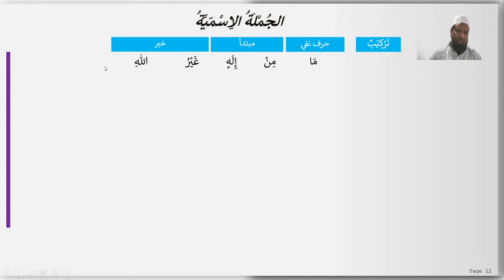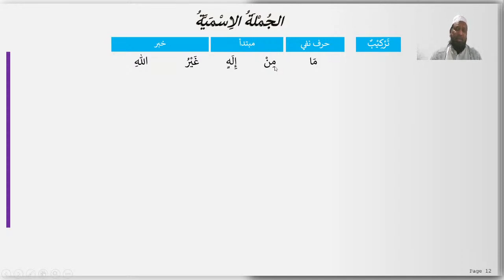So lafz Allah is ma'rifah, and this word is mudaf to ma'rifah, so it automatically becomes ma'rifah. Here we have no choice to bring a nakira ism. We have to bring a ma'rifah ism. That's why.